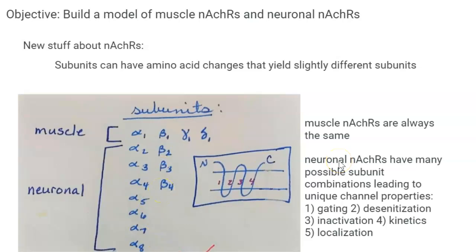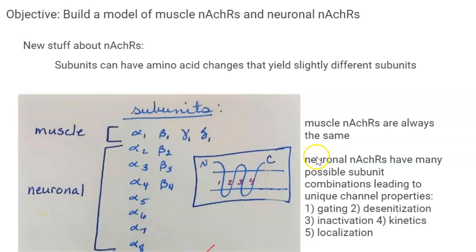And so for muscle, it's always the same. The configuration for nicotinic acetylcholine receptors at the muscle is always the same. Never changes. Well, there is a developmental difference, so I won't say never changes, but in adults, it is always the same.